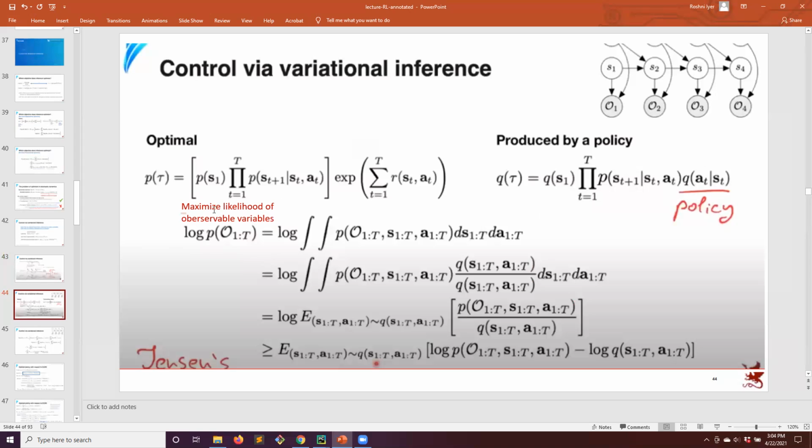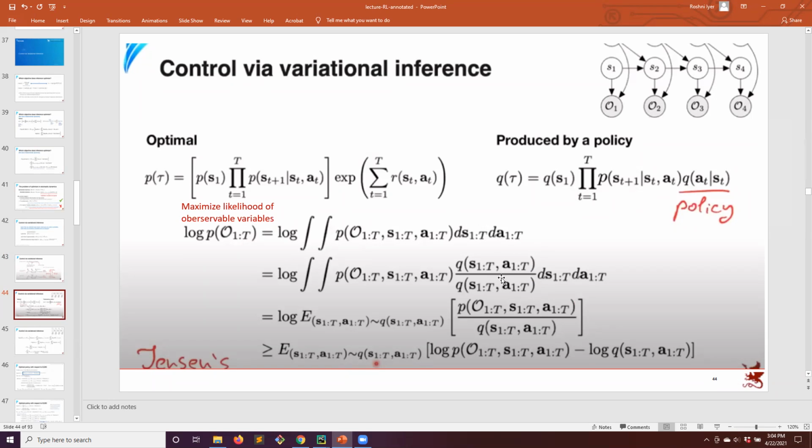Then we want to maximize the likelihood of these observable variables, which are these optimality variables. So we can express it like this, as the log of this double integral of p of the optimality variables and all of the states and the actions, integrated over all of the states and the actions.